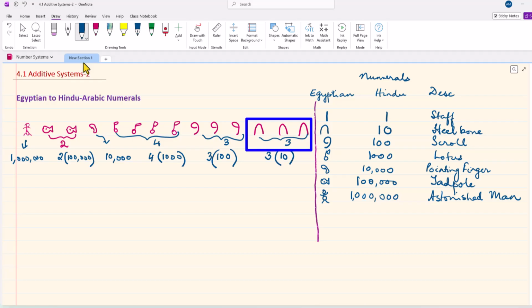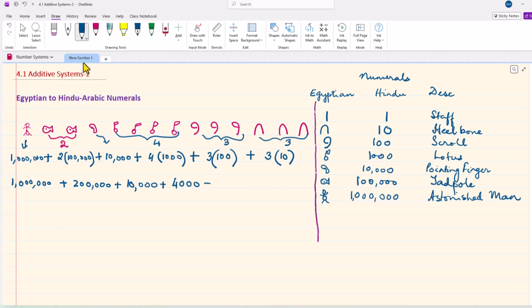And now all you have to do is add them up. Straightforward addition. So I'm going to write this out to show all my work step by step, which allows me to get partial credit if I make a mistake somewhere at the end. The first one is 1 million plus 200,000 plus 10,000 plus 4,000 plus 300 plus 30.